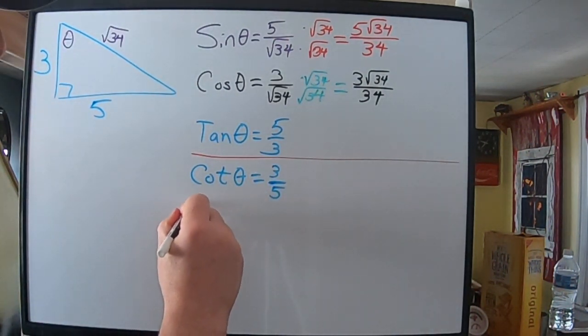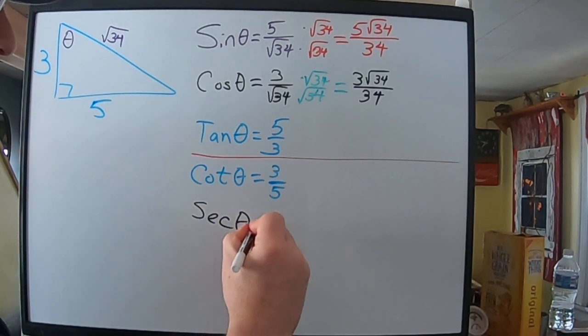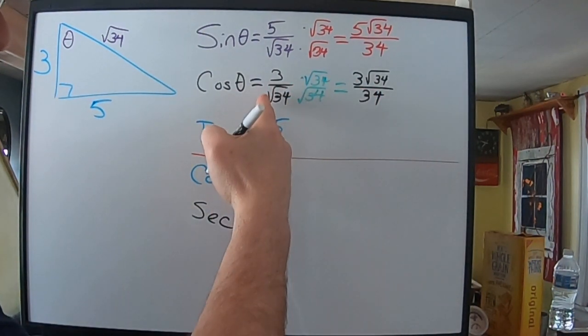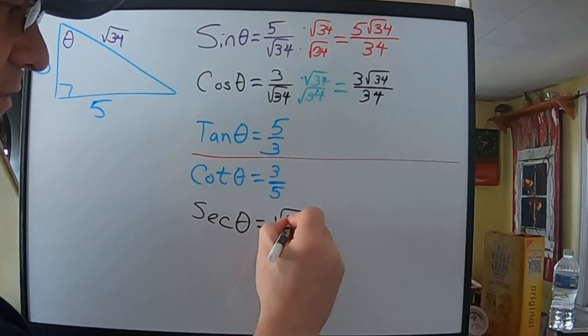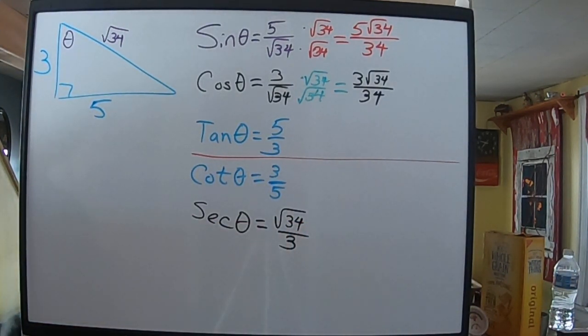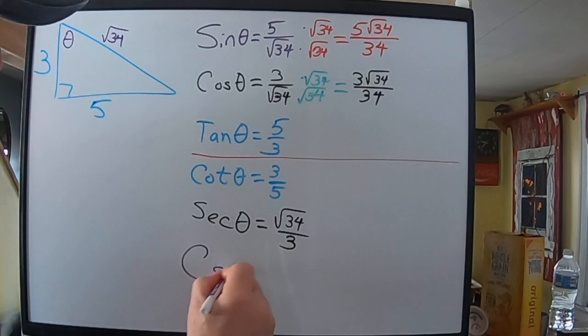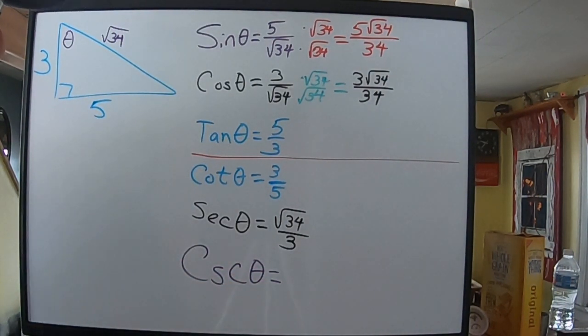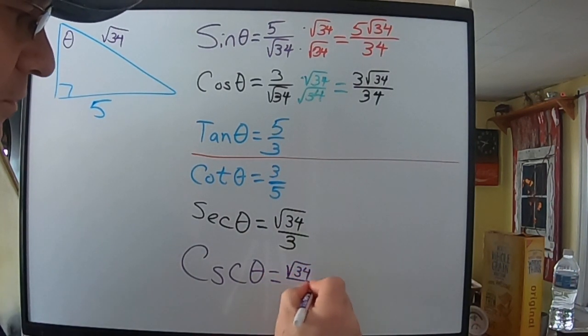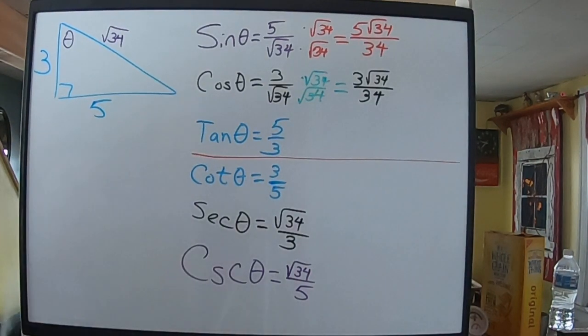Cosine and secant are reciprocals, so I use this one, not that one. It's a lot easier to use this one. Secant is square root 34 over 3. And finally, cosecant of theta ends up the reciprocal of sine, which is square root 34 over 5. So there you have the 6 trig functions for a particular right triangle.